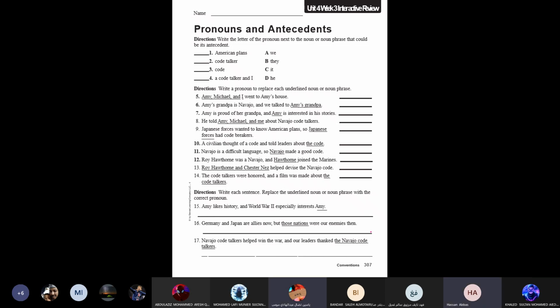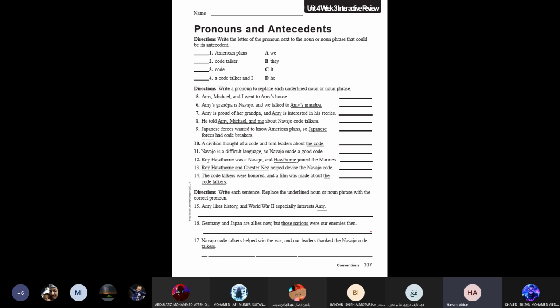Sentence 15: Amy likes history and World War II, especially interested in Amy.